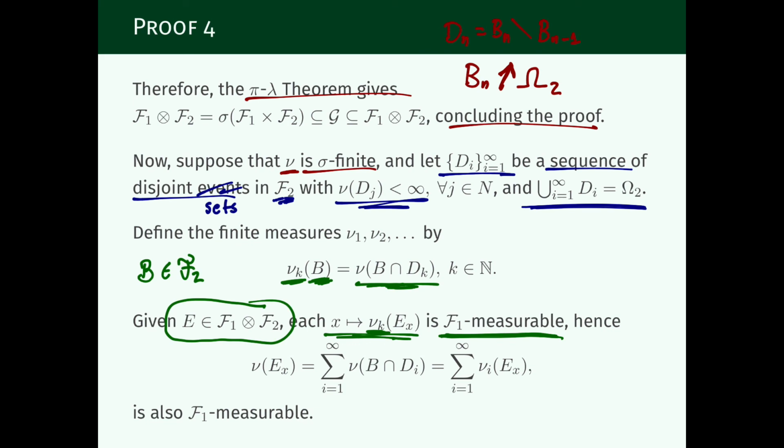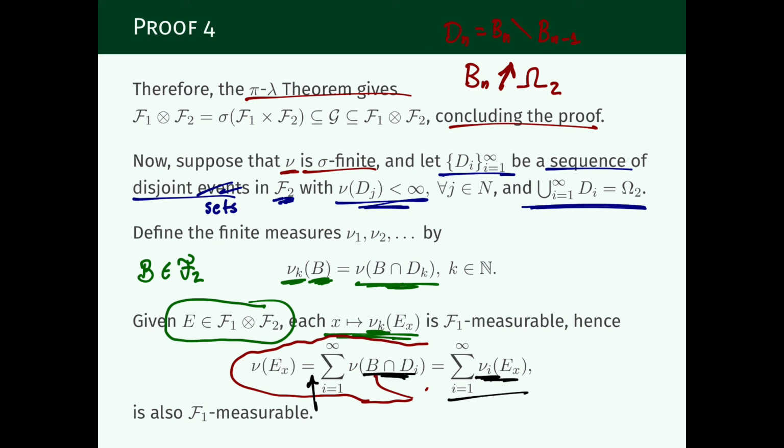And now we just need to notice that nu of Ex will be nu of Ex intersection Di, summed, using sigma additivity of measures. And this is just the definition of nu_i. The definition of nu_i is this.